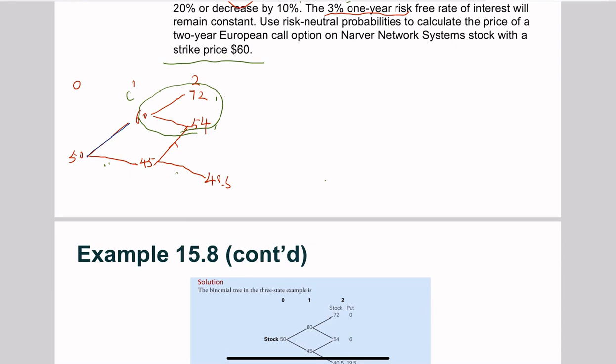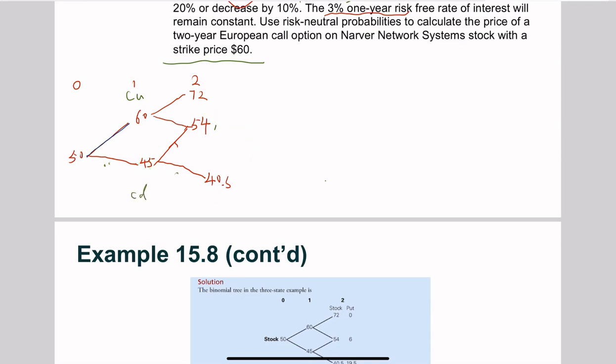And then you will look at these 4 numbers, and these 3 numbers, and then you will get a call at the end of the first year. So let's call this as CD.